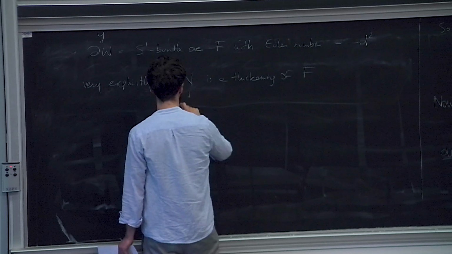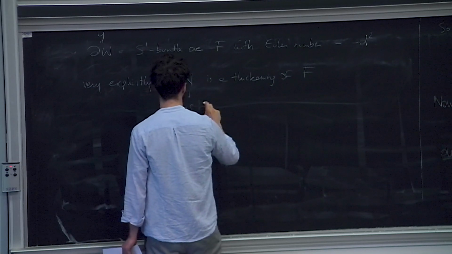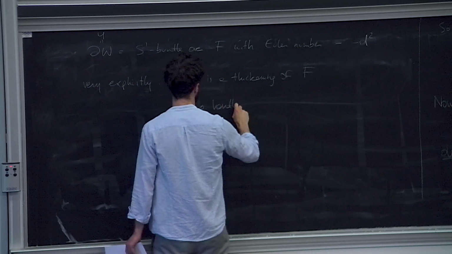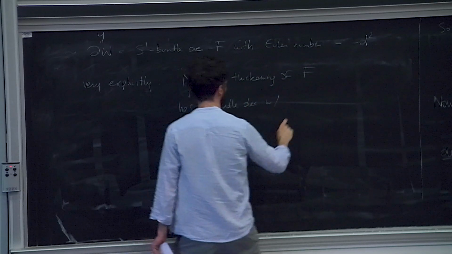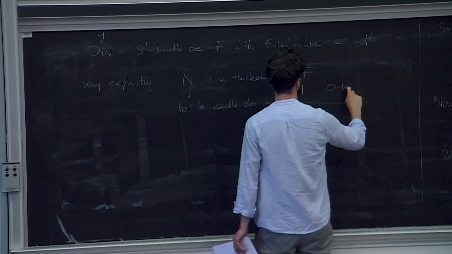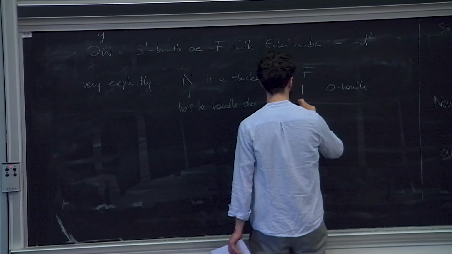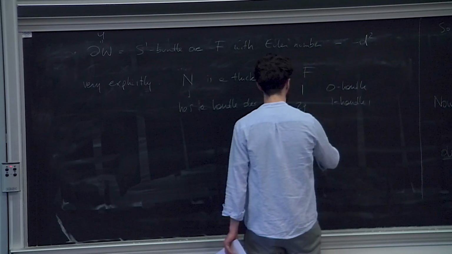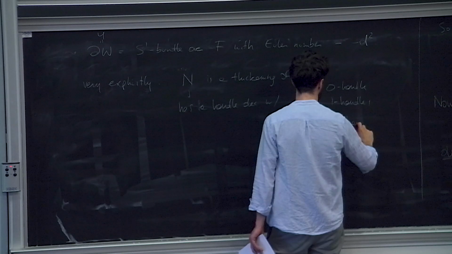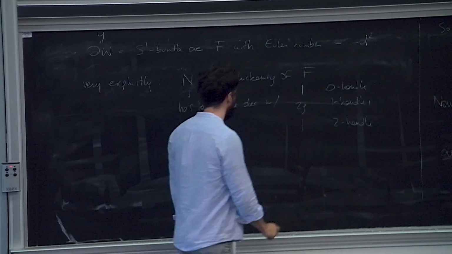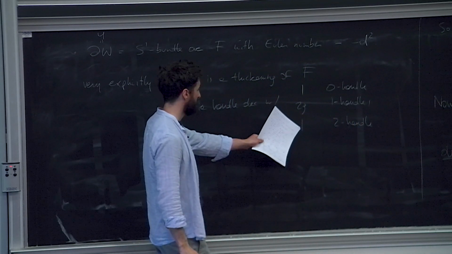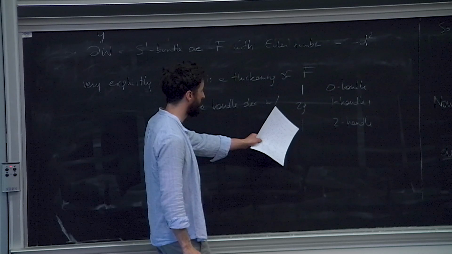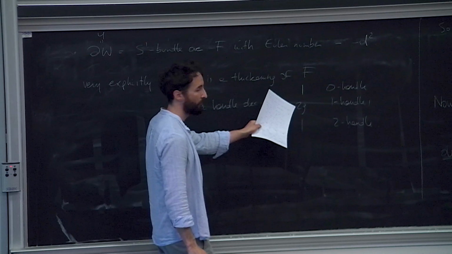So it has a handle decomposition with one 0-handle, 2G 1-handles, and one 2-handle, which is attached along a single null homologous knot in the boundary of the one-handle body.